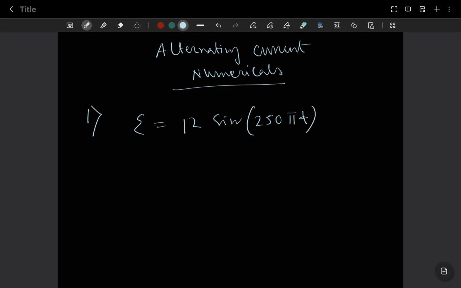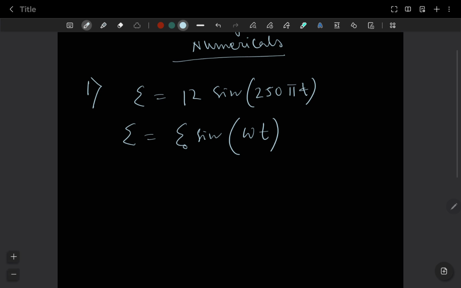Fine. So basically this is epsilon naught sine omega t, right? So epsilon naught is 12 volts and omega is 250 pi.